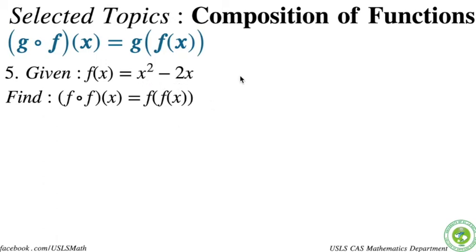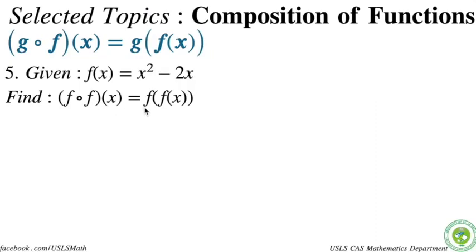So iteration, we iterate, we do the function and then plug it in again of this previous form. Okay, so f circle f of x equals f of f of x. So imagine the parentheses as x's. Okay, so we have x squared minus 2x, and that's our original f of x.